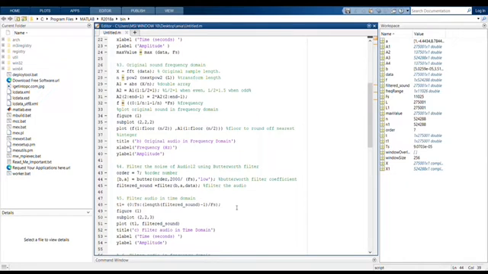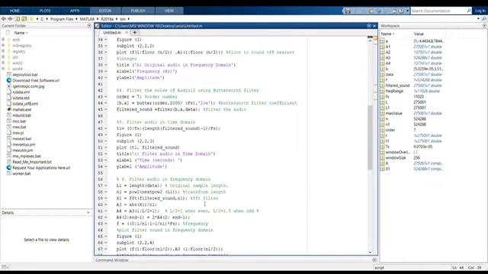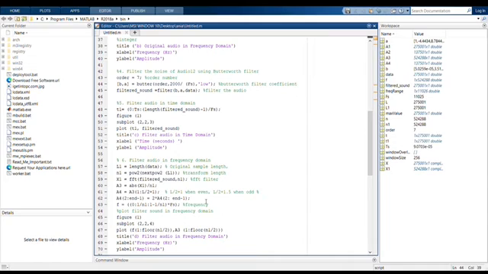After we load it, we can get the filtered sound. After that, we filter the audio in the time domain, which is the filtered one. Then we get the data for the frequency domain here.